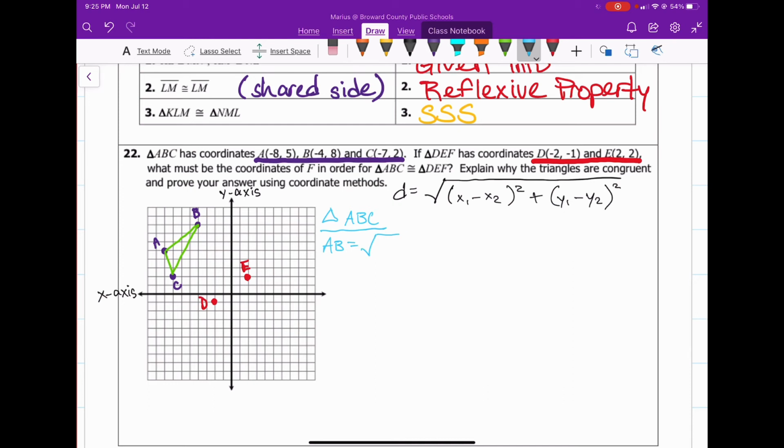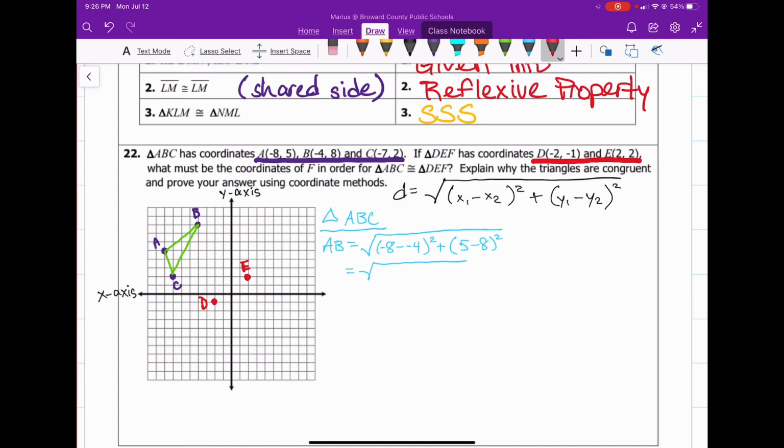So from A to B is the square root of -8 minus -4 squared plus 5 minus 8 squared. When you work that out, it's going to become the square root of -8 plus 4, right?